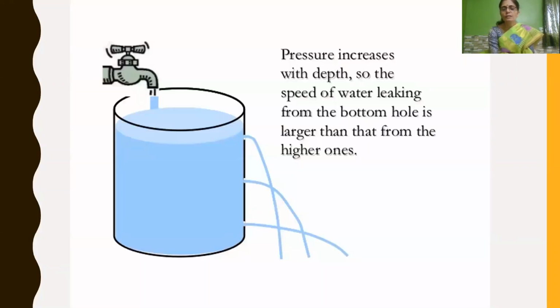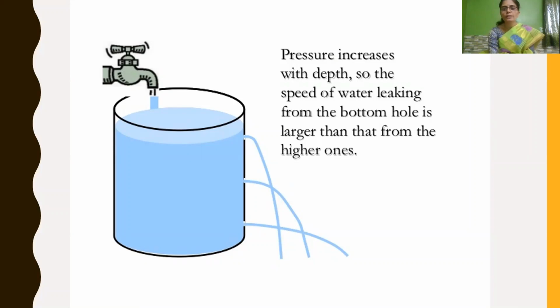If you see here, as we know, pressure increases with depth. You can see that the hole at the bottom has a very large depth, so it has high pressure. So the water coming from that bottom hole covers a larger distance than the second hole, which has less depth, and the first one has very little depth, isn't it?